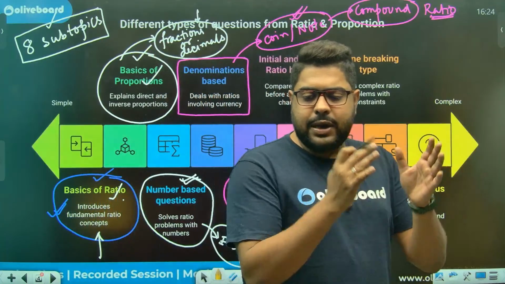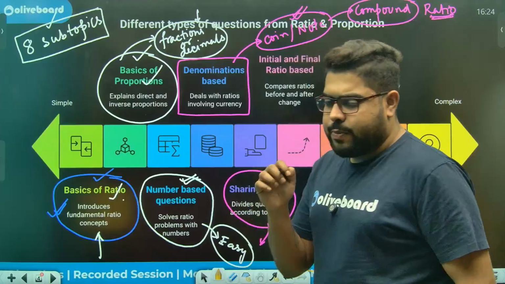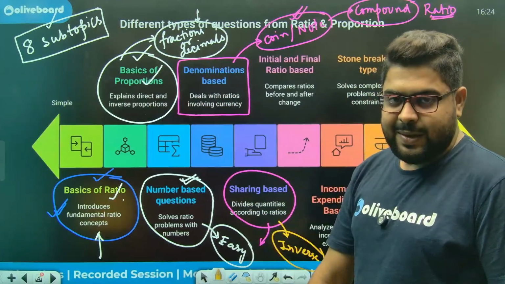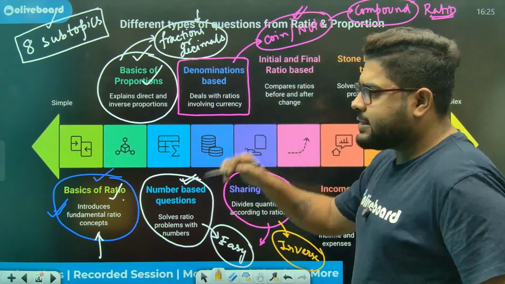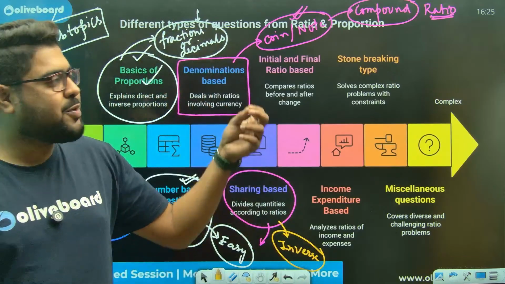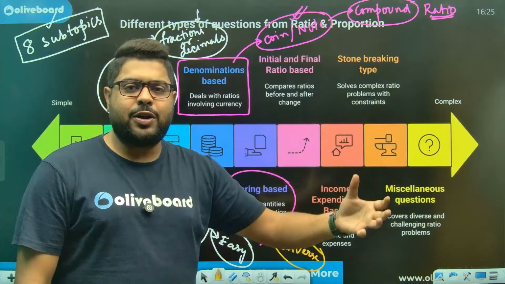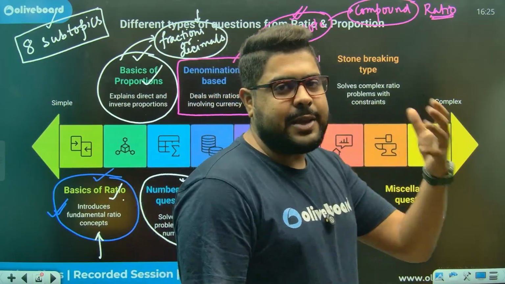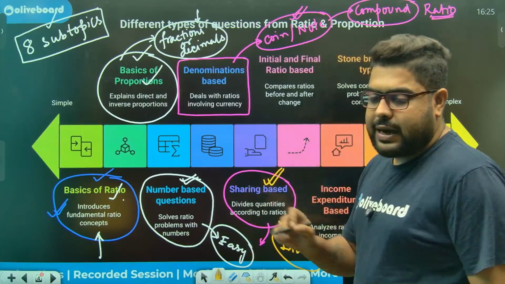So a particular money is getting divided, let's say a father is sharing all his money between three of his sons A, B, and C, in such a way that 6 times of what A gets is equal to 3 times of what B gets is equal to 2 times of what C gets. Sir, what will be the difference of the amounts between what A and C get? These type of questions are very simple, but again, you need to have an idea and a little bit of practice.